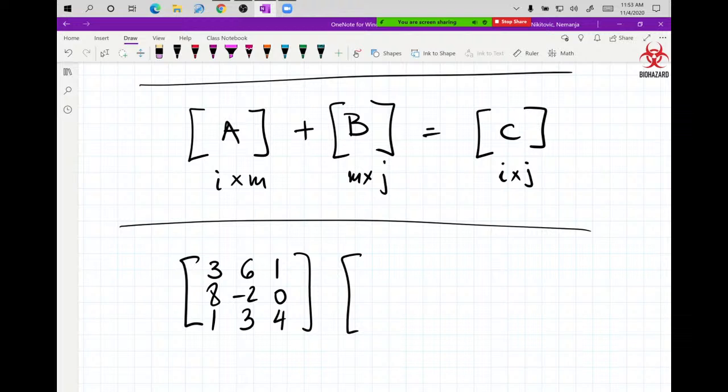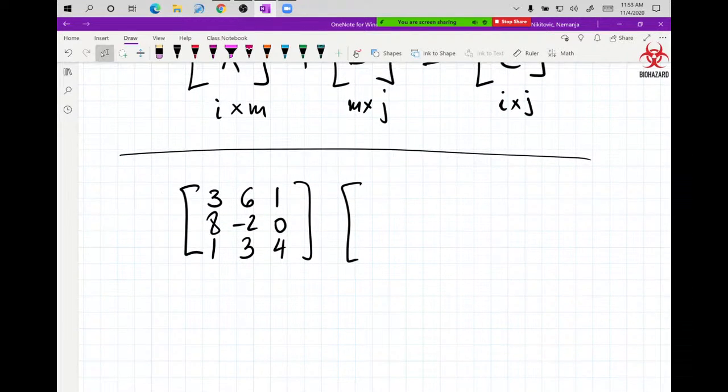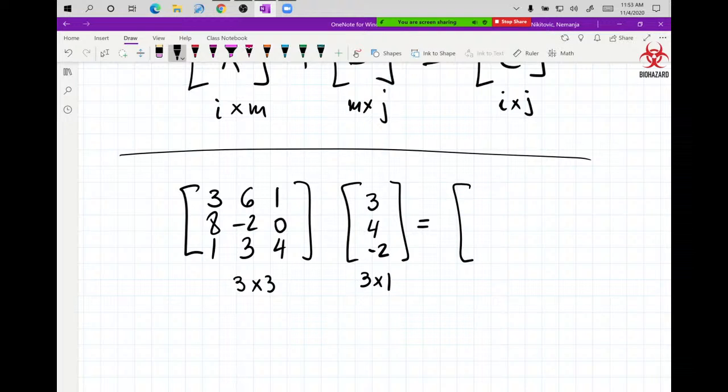So I can, well, actually, let's do numbers. Let's go 3, 4, and negative 2, right? That's it, just that. So what do I have? I have 3 by 3 and then 3 by 1. I'm expecting the answer to be 3 by 1 because these middle 3's kind of cancel, and then whatever the outer one is.